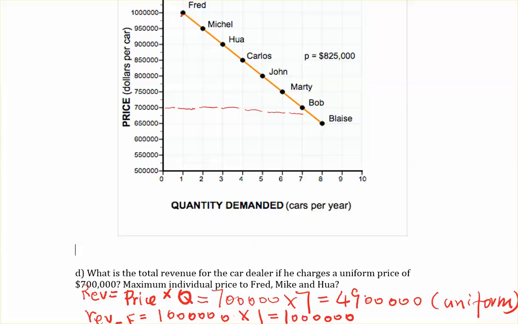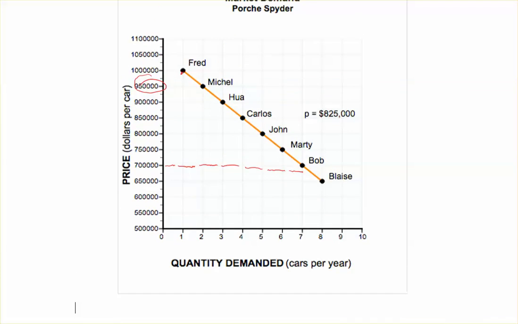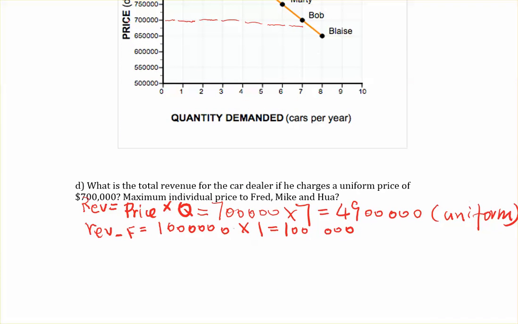The second person is Michelle. Michelle wants to pay $950,000. So the revenue from Michelle equals $950,000 times 1, because only herself. So that will be equal to $950,000. And the third person is Hua.